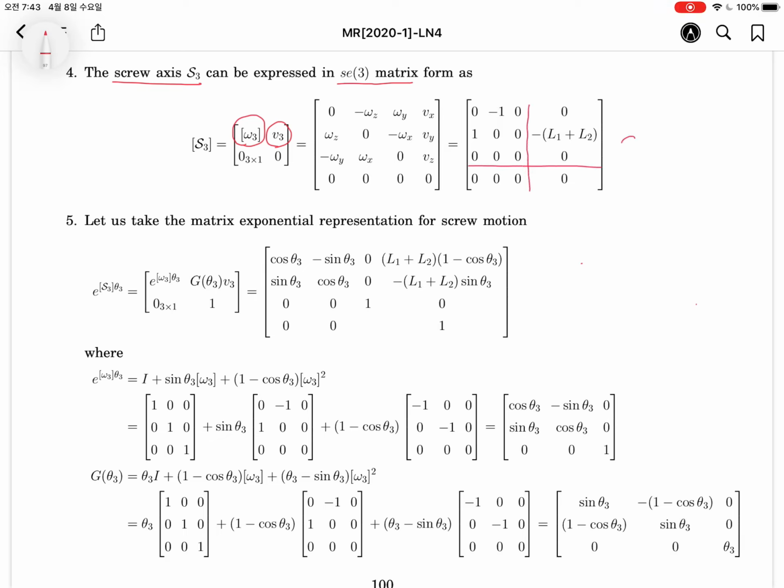So we can write down the 4x4 matrix. Okay, it's very easy to obtain the matrix form of the screw axis. And then let's take the matrix exponential representation for screw motion. Okay, e to the S3 theta 3 will be the 4x4 matrix.